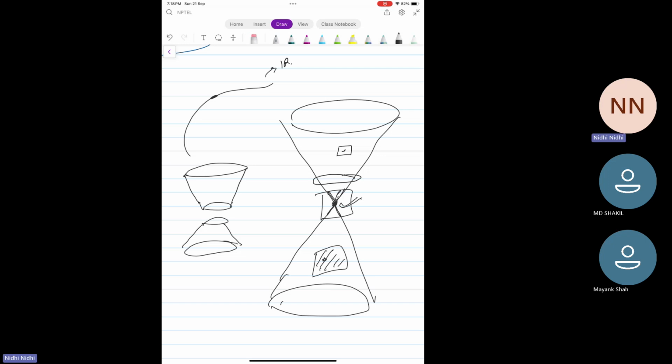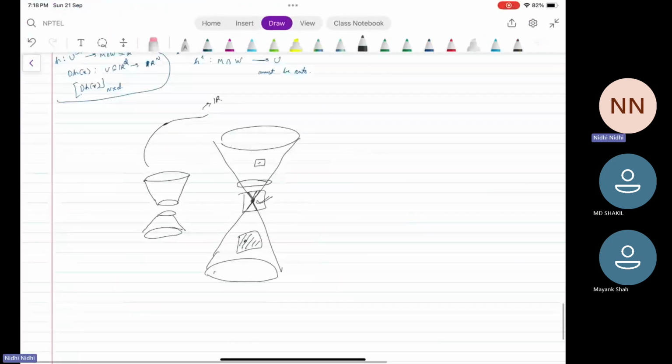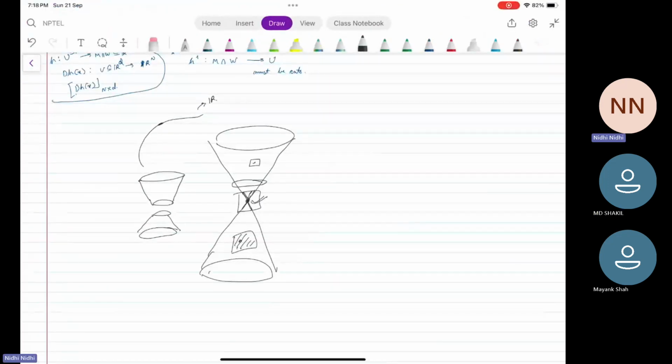Okay, so let's look at some examples of how to use the above definitions.